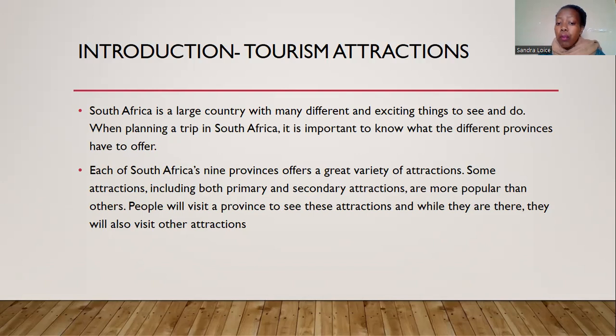Each of South Africa's 9 provinces offers a great variety of attractions. Some attractions include both primary and secondary attractions and are more popular than others. People will visit a province to see these attractions, and while they are there, they will also visit other attractions.